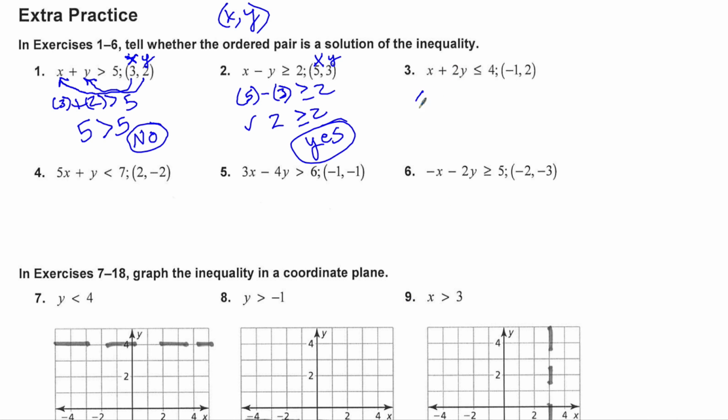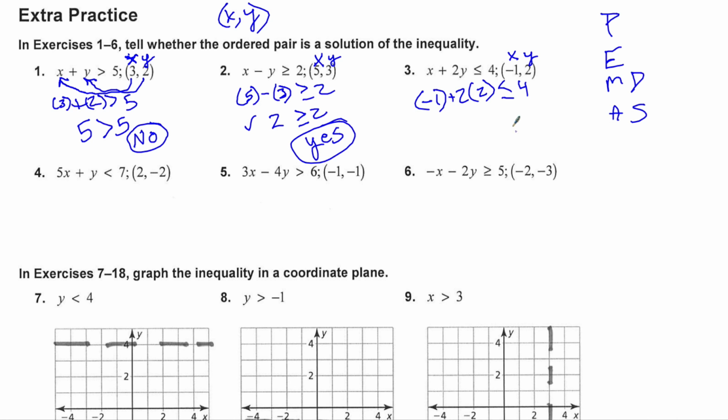Okay, here we have x and y. So we're going to plug in an x for x. Negative 1 plus 2 times y, which is 2, is less than or equal to 4. Now remember your order of operations. Parentheses, exponents, multiplication, division, and addition, subtraction.